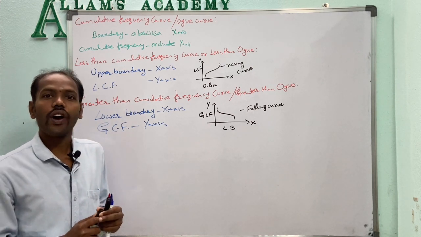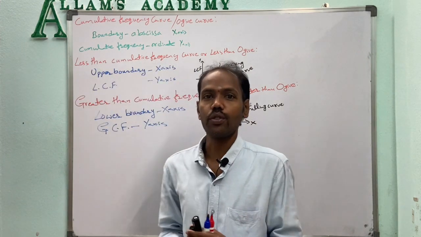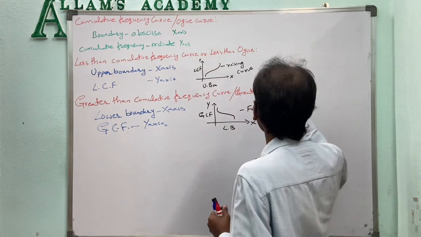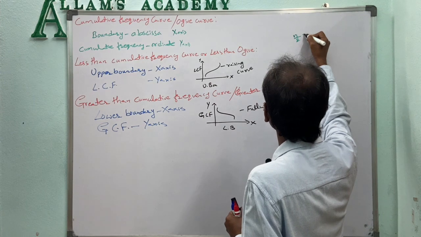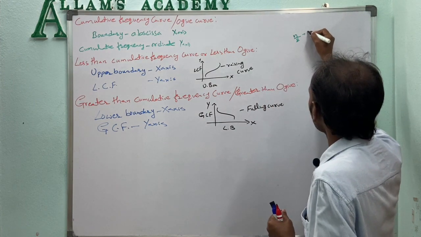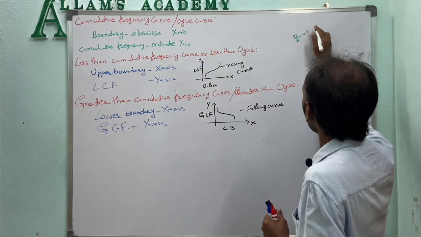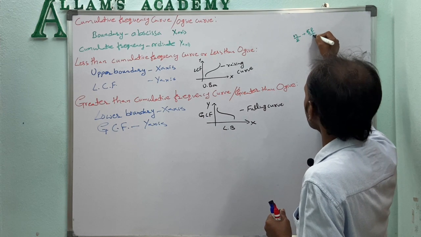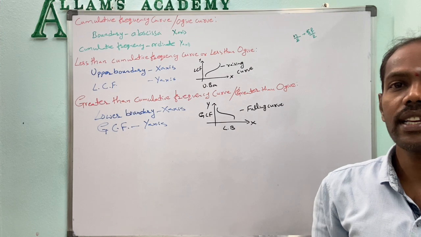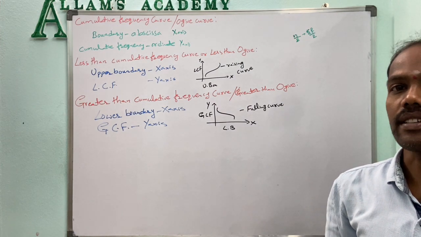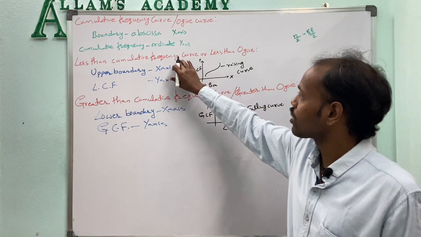For finding the median of grouped data we have to calculate the n by 2 value. N by 2 is nothing but half the sum of the frequencies. The sum of the frequencies is the last term of the less than cumulative frequency.